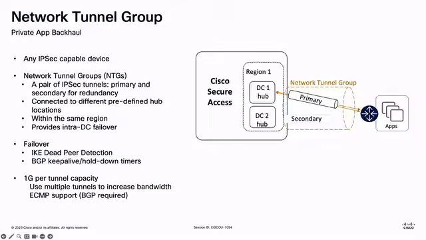And it's labeled here as DC1 and DC2 within a single region. This provides full redundancy. So these are two separate data centers where data center 1 is supporting the primary tunnels and data center 2 is supporting the secondary tunnels.